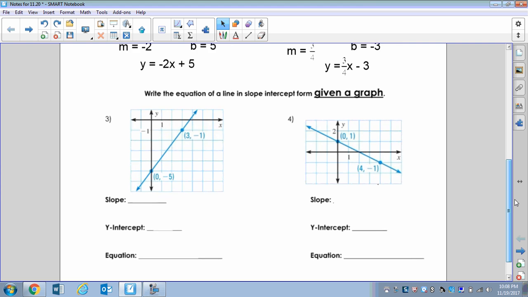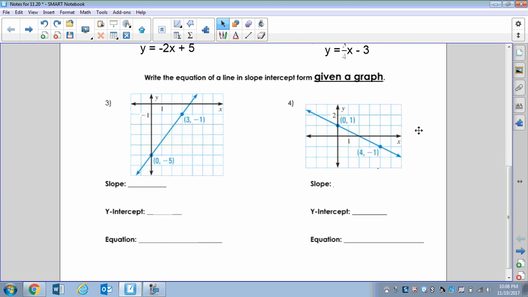Now let's take a look at what we would do if we are given a graph. Pardon my pencil drawings here, I am using just a mouse pad, the notepad. But first we would find our slope, and we know how to find the slope on a graph. We're first going to draw that vertical line up, and then we're going to draw that horizontal line over.